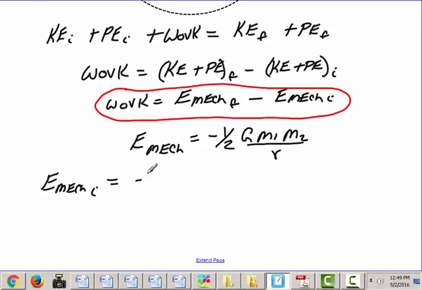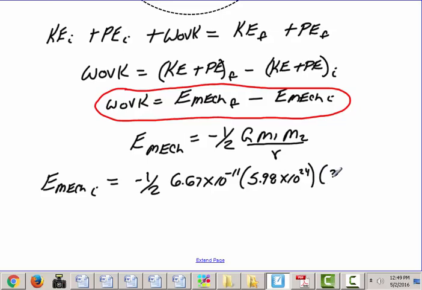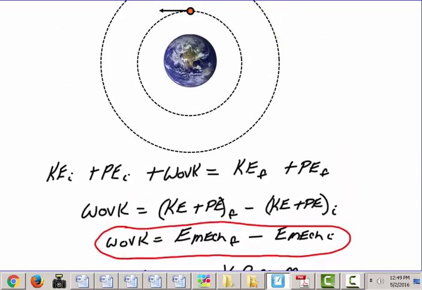So I get minus 1/2 times G, which is 6.67 times 10 to the minus 11th. I'm going to drop off the units because this problem would go way out across the screen if I did that. Times the mass of the Earth, 5.98 times 10 to the 24th, times the satellite mass, 2,000, divided by 2 RE.